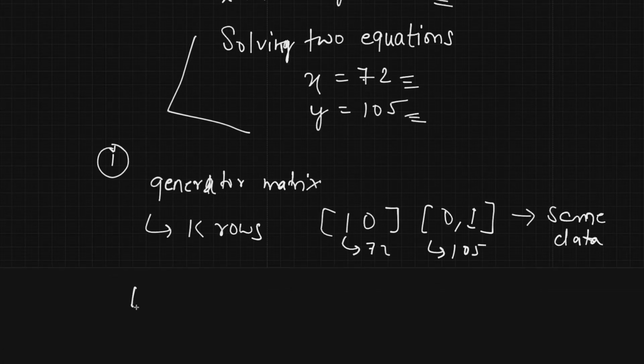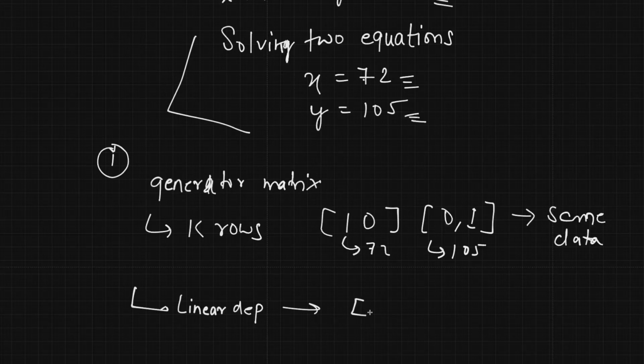The next set of rows of the generator matrix are basically linearly dependent rows, which is nothing but 1 1, which gives me exactly the same data as multiplying with the single rows.